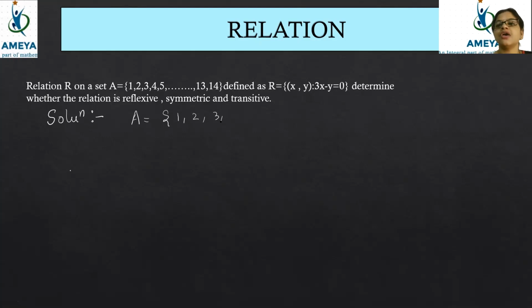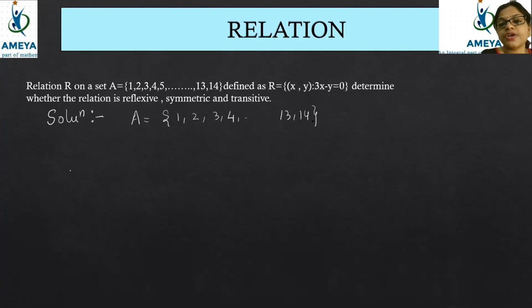That means you are going to select elements of the relation from A cross A. The elements of A are exactly given as 1 to 13, 14. The most important part here is that A cross A will be coming exactly from this set A, and from this you are going to pick the relation.